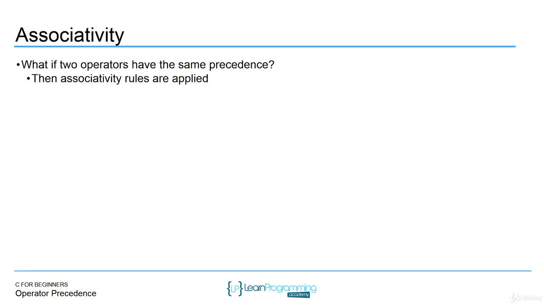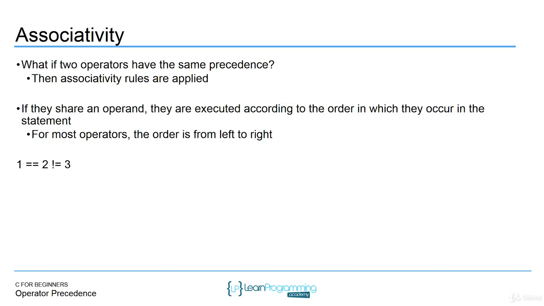Associativity is basically whether you start on the left-hand side and go to the right, or right to the left. If you share an operand and the operators have the same precedence, you're going to execute them in the order of the statement based on the associativity rule. For most operators, the order is from left to right.